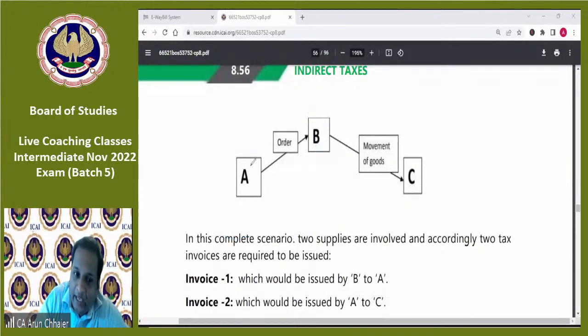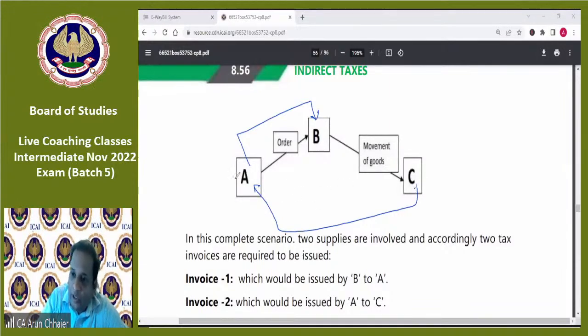Suppose now A is giving the order to B, but only on the basis of the order received from C to A. So Mr. C has given the order to A of 10,000 laptops, and A in turn has given the order to B. Now C is from Pune, B is from Mumbai, and A is from Delhi.